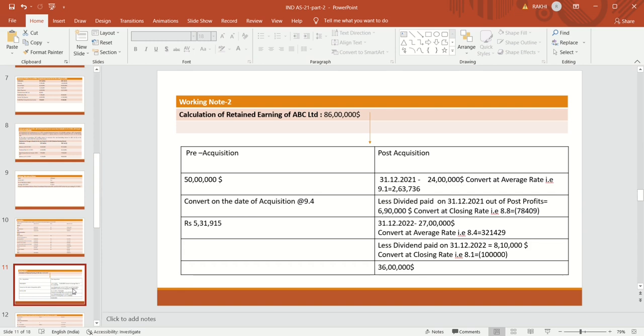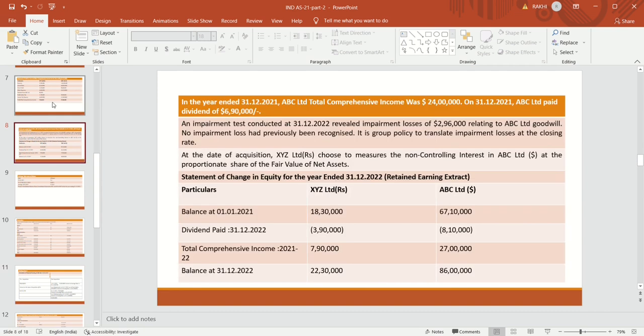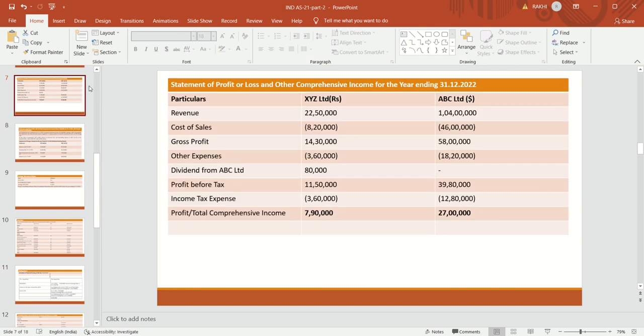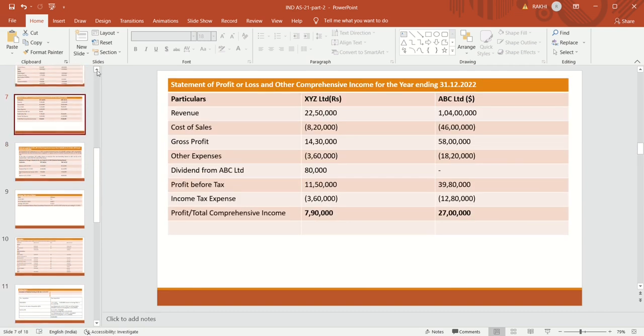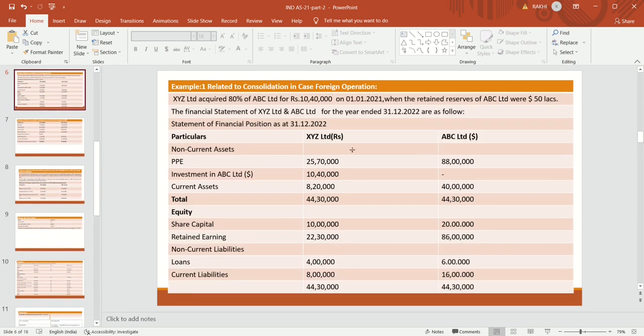The retained earning as on 31st December 2022, as we see in the balance sheet, of ABC Limited is 86 lakhs.